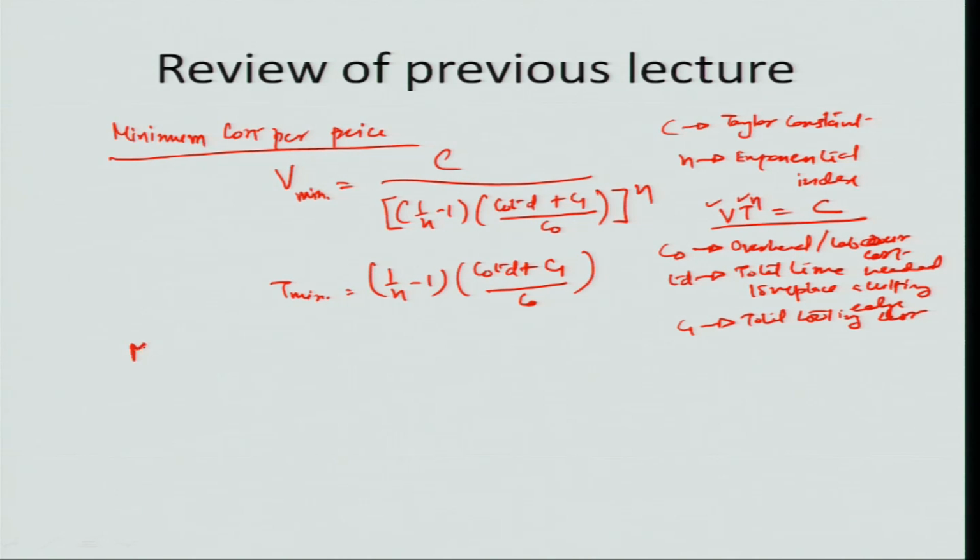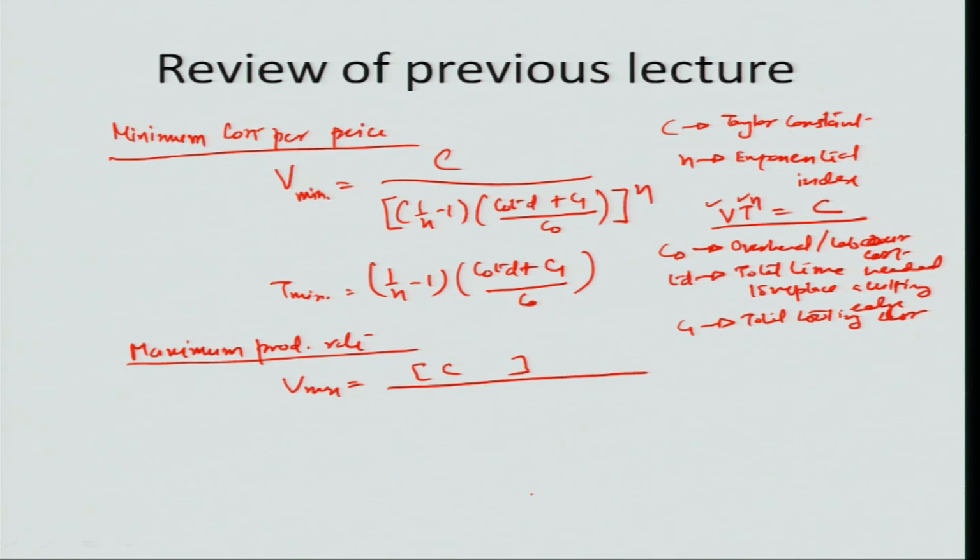And the other criteria that was used was based on maximum production rate, assuming minimum processing time of the particular part, where the total estimated velocity, we call it V max, came out to be close to about this formulation: C divided by [(1/n - 1) times Td] to the power of n.